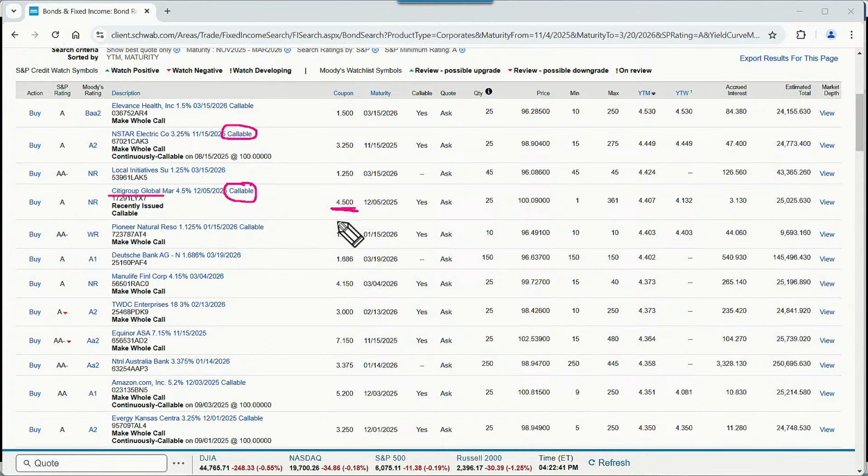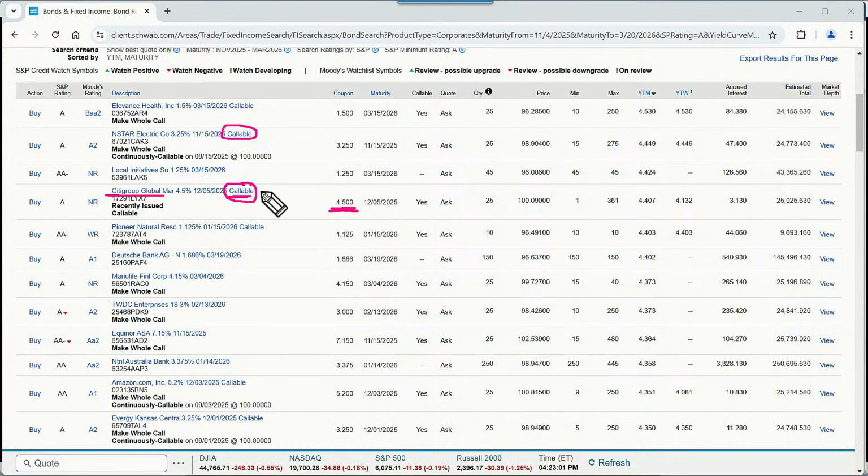Well, if interest rates go down, think about it from their perspective. Do they want to keep paying you a 4.5% rate when they can issue a new bond at a 3.5% rate or something like that? The answer would be no. So that is what a callable bond is.